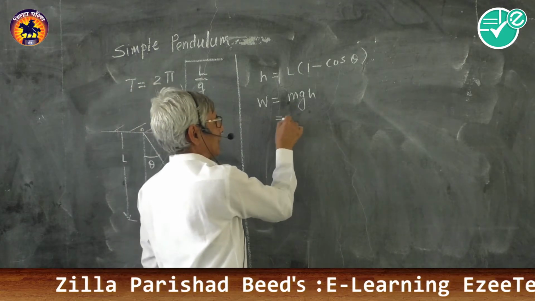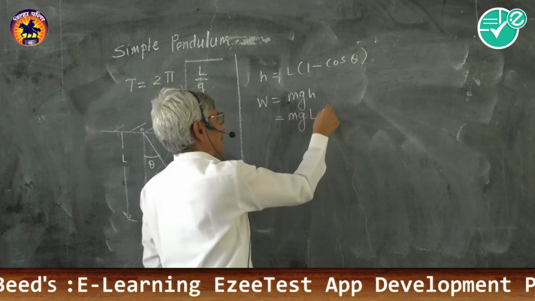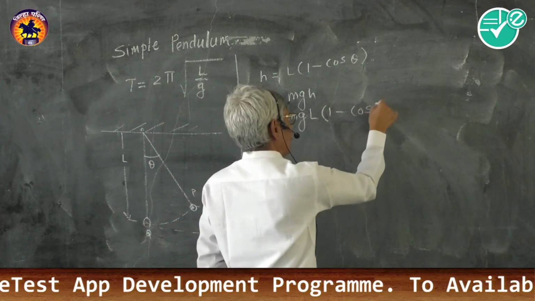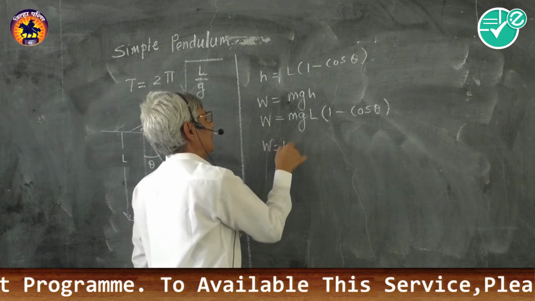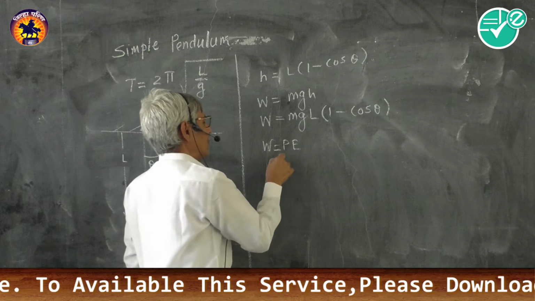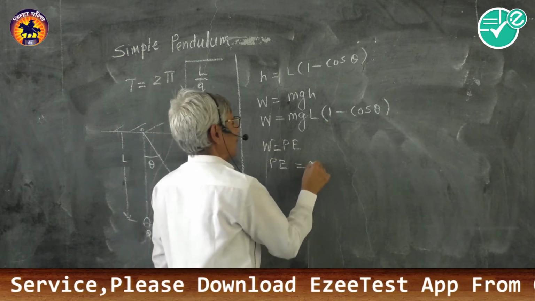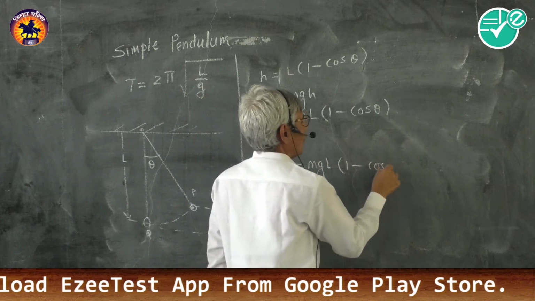So this equation, m into g into h, can be expressed in terms of L as mg into L into 1 minus cos theta. This work done is stored in the form of potential energy. So the potential energy of the bob at this position P will be equal to m into g into L in the bracket 1 minus cos theta.